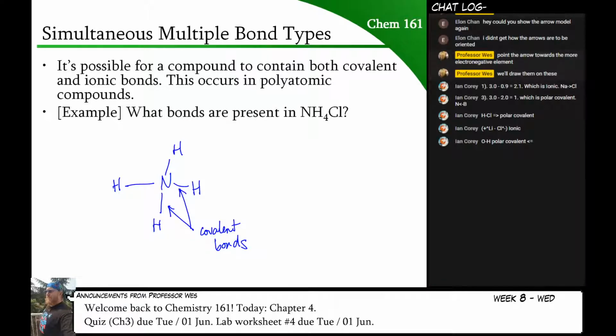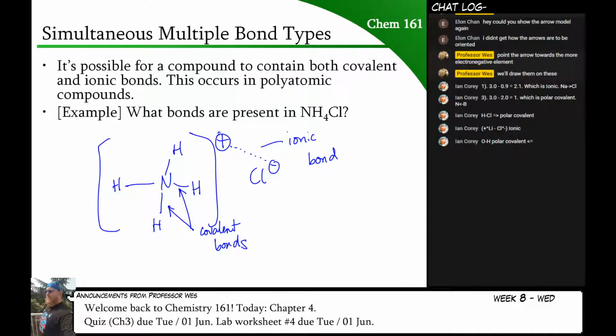So all of these lines coming out of them are covalent bonds, but the whole thing is ionic because the whole thing has an overall plus charge, and that interacts with Cl, which has an ionic bond.